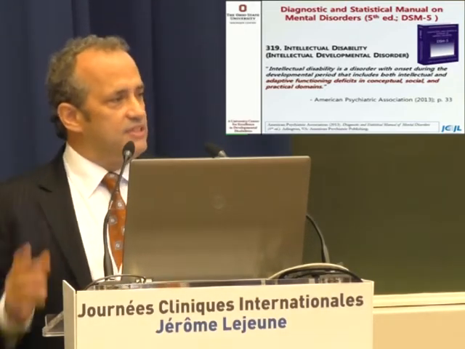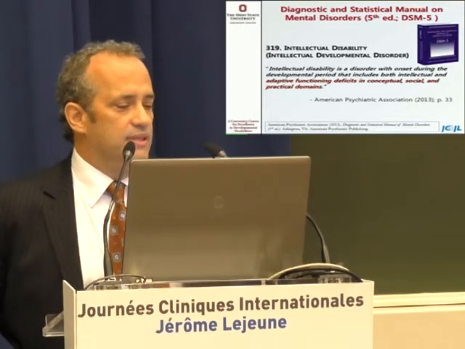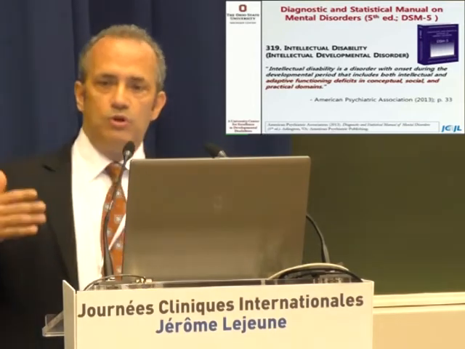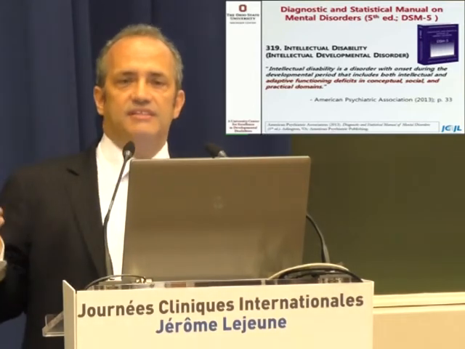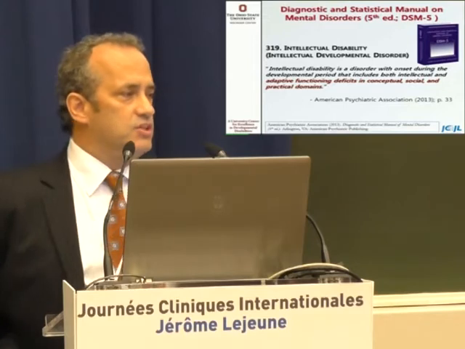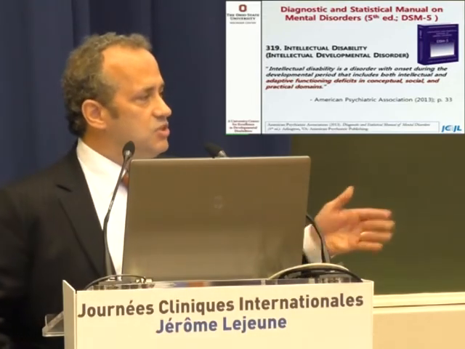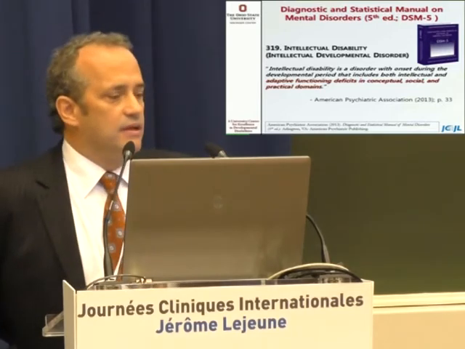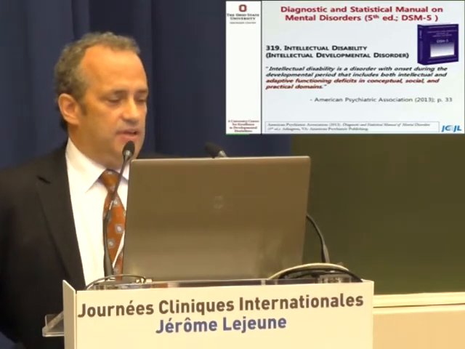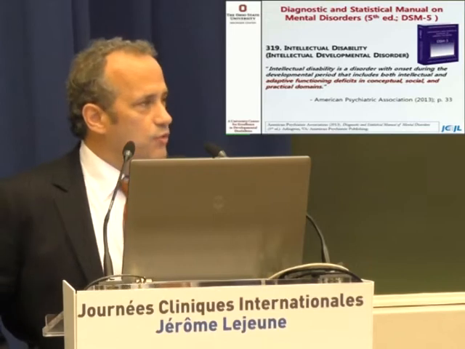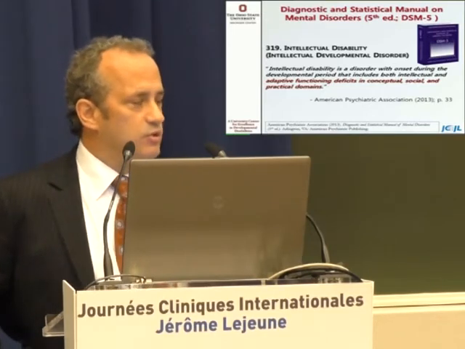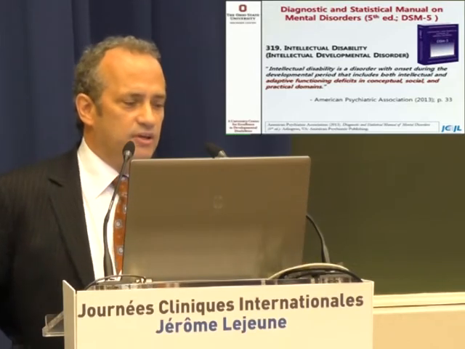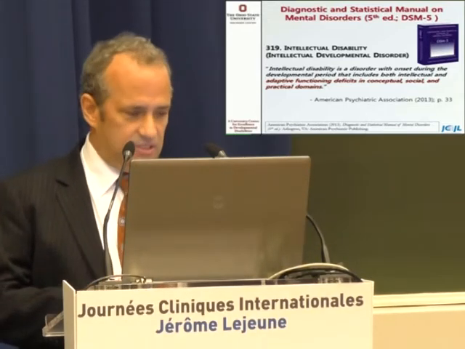And the parentheses was used by the American Psychiatric Association to align with the World Health Organization's work on the ICD-11, the International Classification of Diseases, 11th edition, which will come out probably in 2016. However, you'll see in a minute, the World Health Organization has abandoned intellectual developmental disorder. So DSM 5.1 will probably make that change by striking that parentheses.